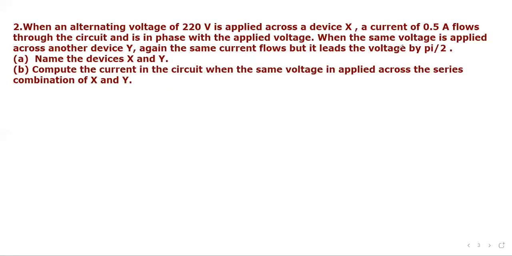And in the second case, since current leads voltage by pi by 2, it means it is a capacitance. So let's evaluate. X is a resistance and Y is a capacitance.